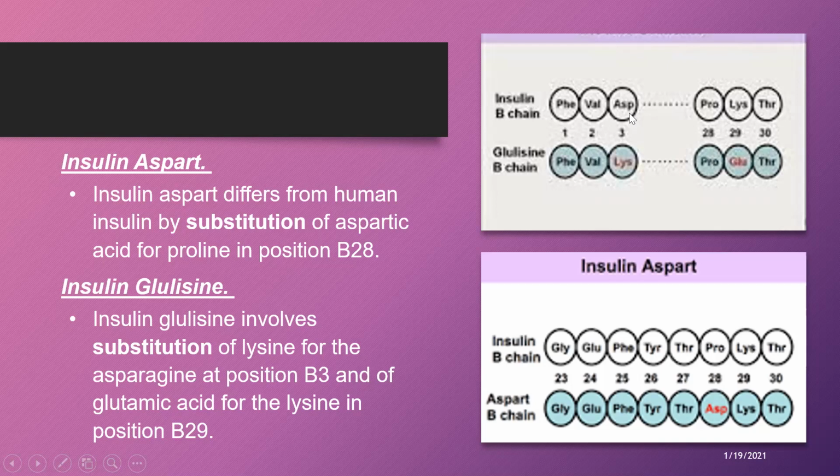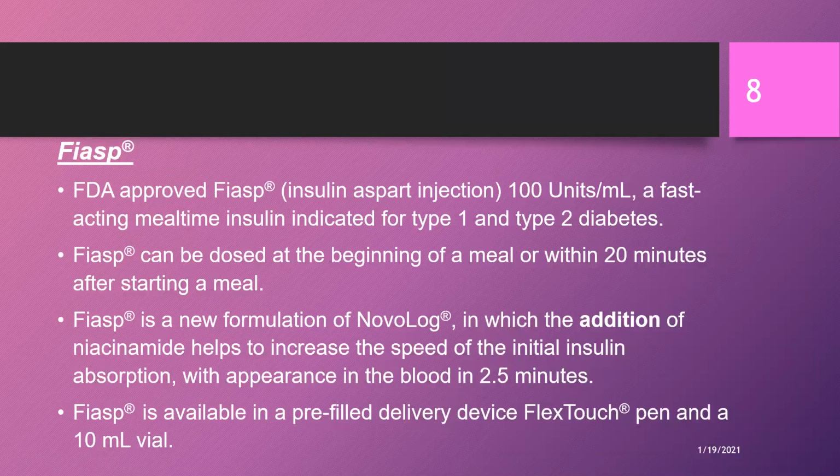And at position number 29, there is substitution of glutamic acid for lysine, as you can see here. So there are 2 amino acid substitutions in glulisine, 1 amino acid substitution in aspart, and reversal of amino acids in the Lispro form. So these are the 3 main rapid acting analog insulins. You should know them. They can be asked in your exams, so be aware of their properties.